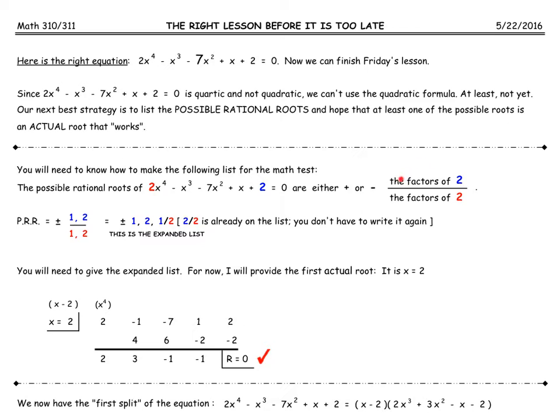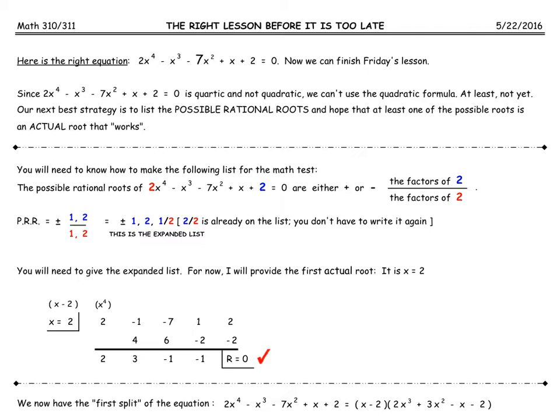Now that I know that I want the factors of blue 2 over the factors of red 2, and I really hate this problem because who puts the same number on the front and on the end? However, the possible rational roots are the numbers made from 1 and 2 in the numerator and 1 and 2 in the denominator.